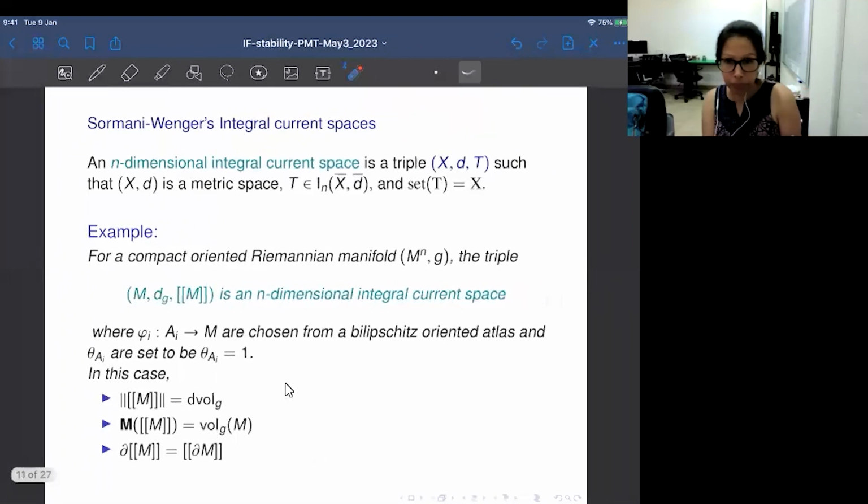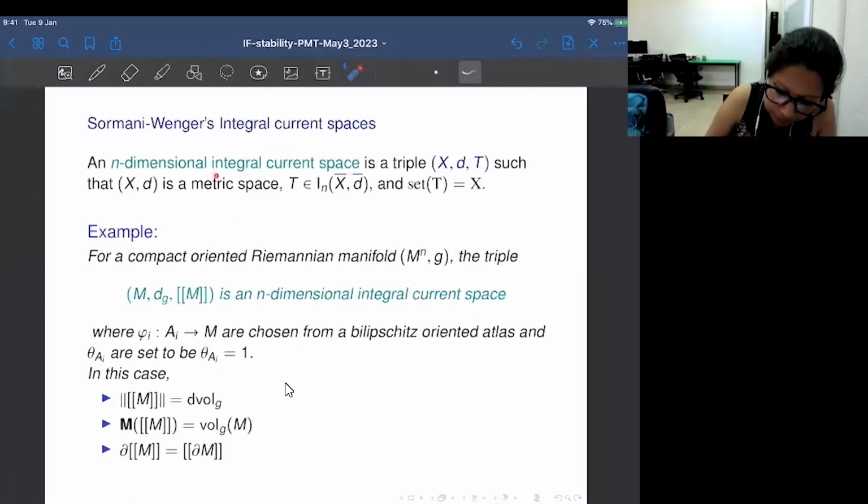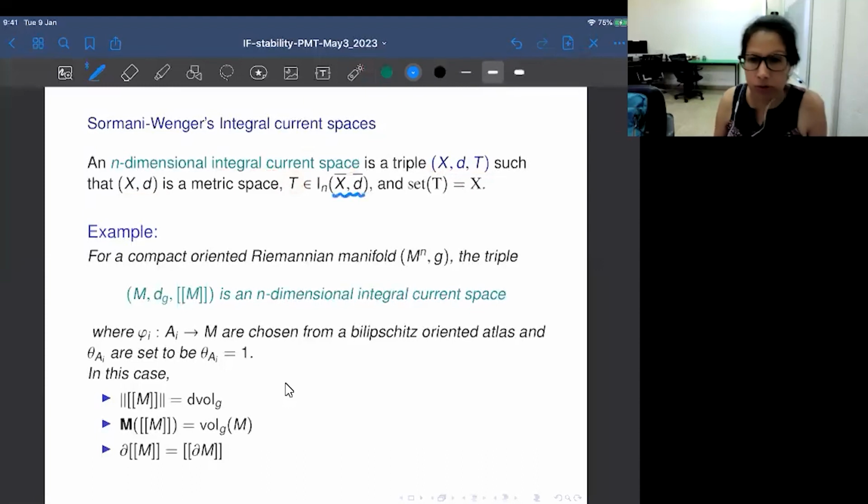And then, in order to define intrinsic flat convergence, what one needs is to know what an integral current space is. An integral current space will be a triple (X, d, T), where (X, d) is a metric space, and T is a current, but T is a current in the completion of my metric space, X bar.